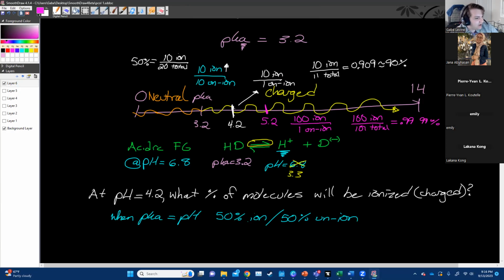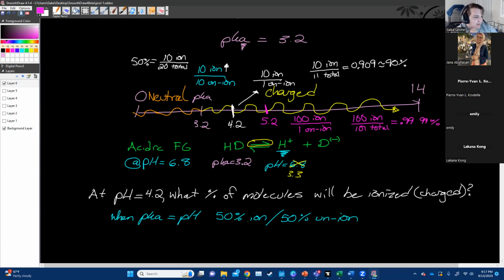Does this make sense so far, how we're getting these numbers? How we're talking about this ratio? So it just increases proportionally pretty much. Exactly. 6.2, it would be 1,000 to 1,001. Yep, 1,000 over 1.